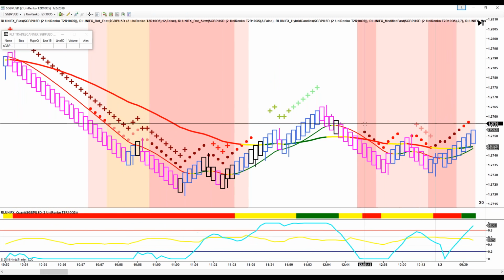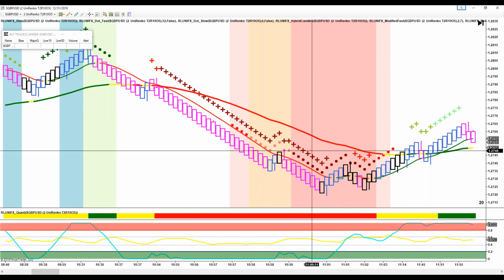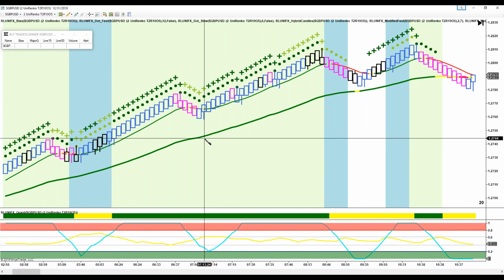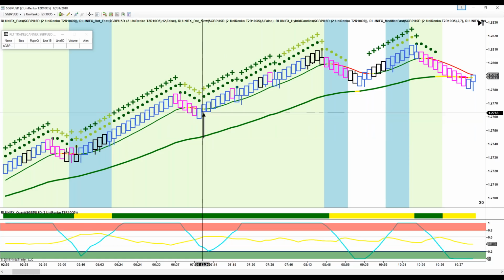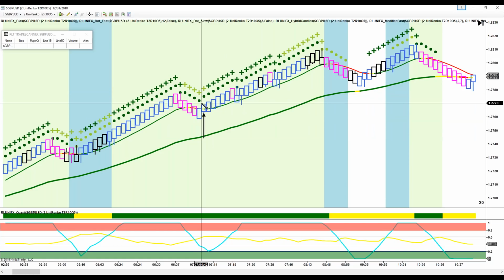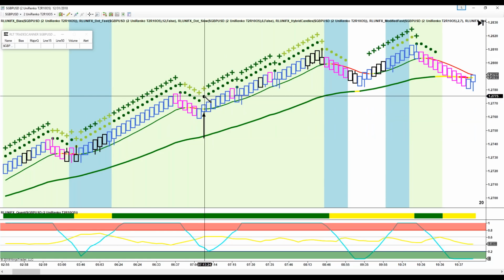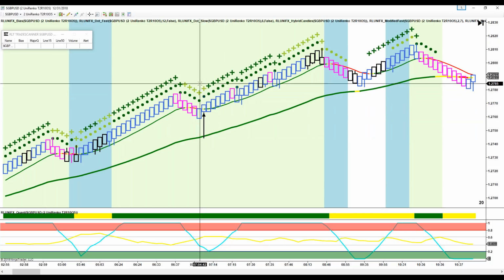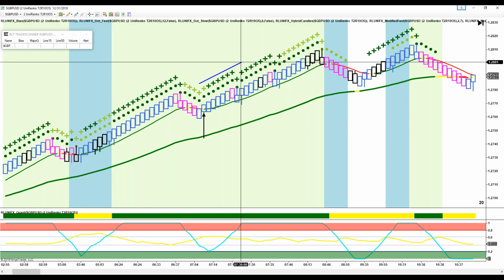So when you get a dual dot trade, let me find a good one here, like this. Are you going to take this continuation long? You look up. Your slow dot is dark green. The highest one, you've lost a little bit of juice, but it's a long trade.